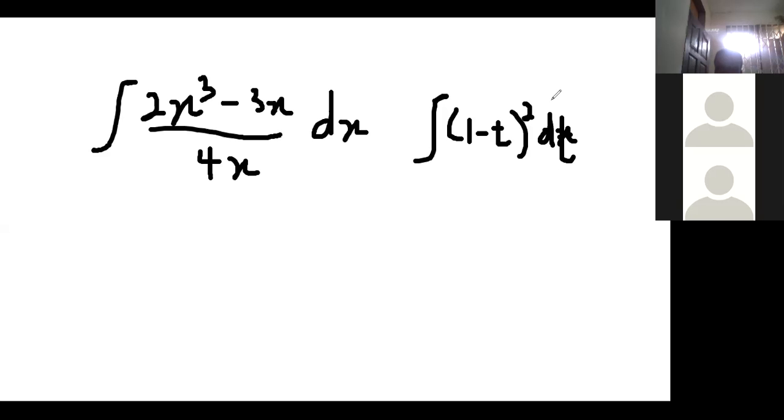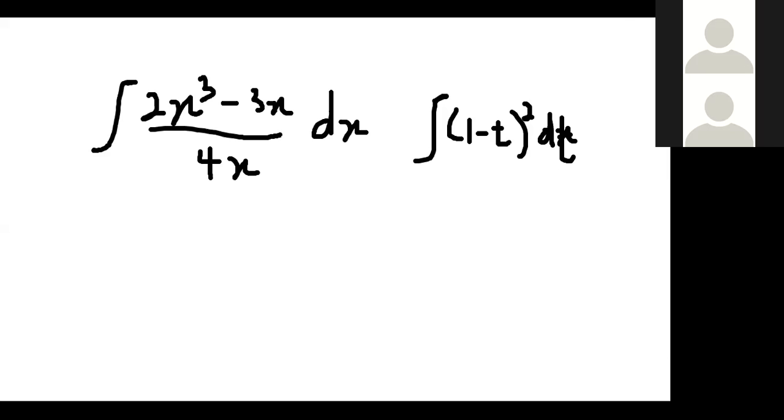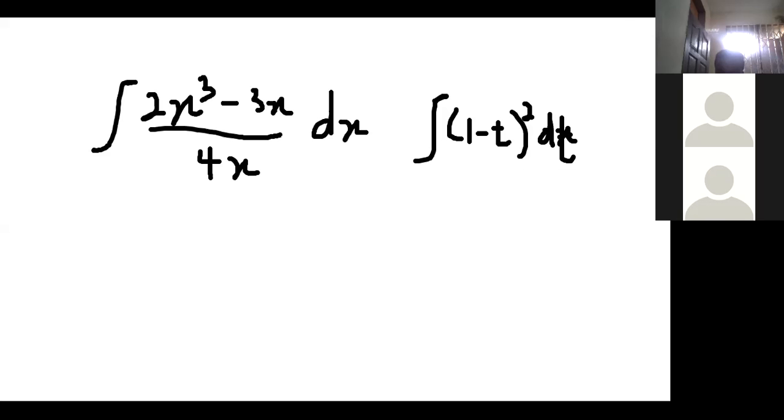What do we get? What do you get? Say, I'm listening. 1/6 x cubed minus 3/4 x plus c.